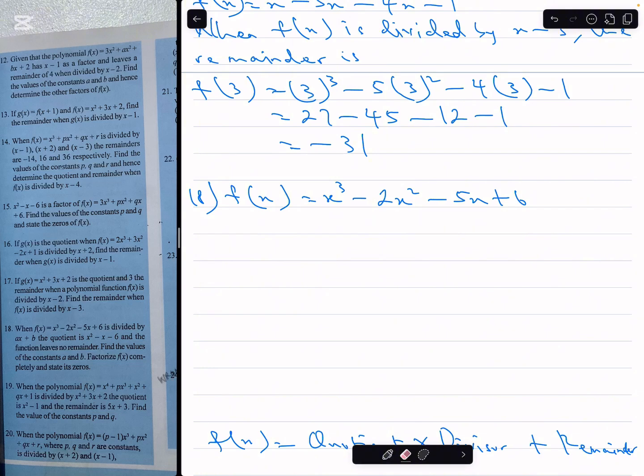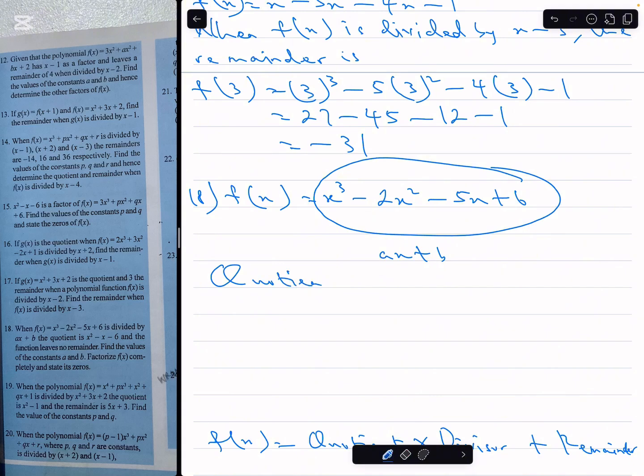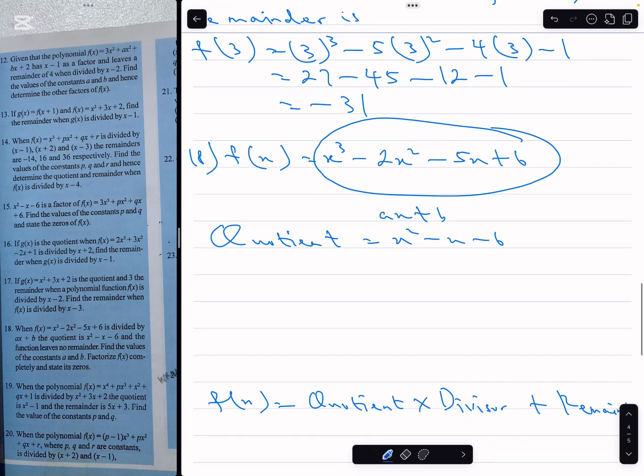Okay, this is a simple one. You know that this quotient, if you factorize x squared minus x minus 6, is the same as x plus 2 times x minus 3.